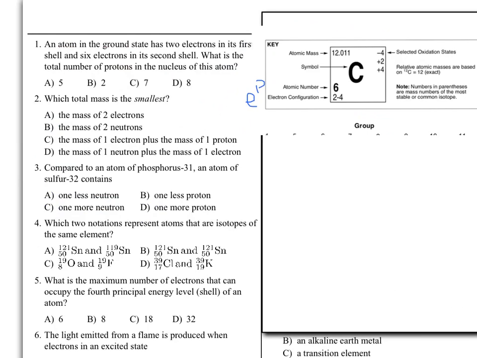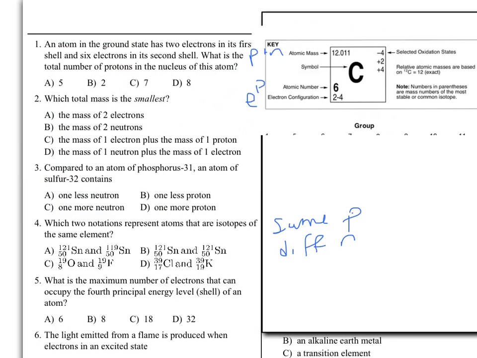And then we have the protons plus the neutrons, or the average number of protons plus neutrons, as the atomic mass. So notice that the proton number is in bold, and that's because the proton number identifies the element. So if you're looking for elements that are isotopes of one another, they should have the same number of protons, but a different number of neutrons.